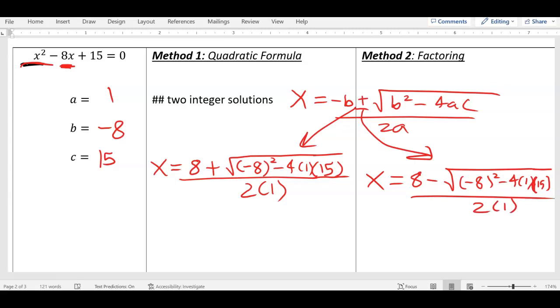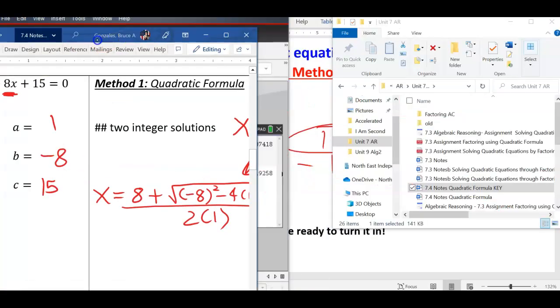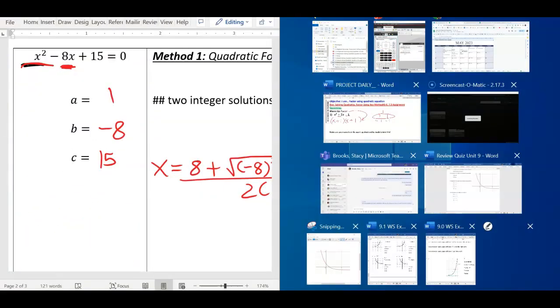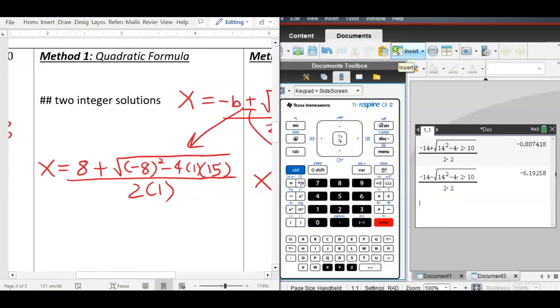Okay? Do you see how I'm just replacing A and B and C? Can you type those into the calculator to get your solutions? Okay? Let's try it. So pull this over here. Let's type this in. Ready? So again, don't write the x equals. We're just going to start the fraction.